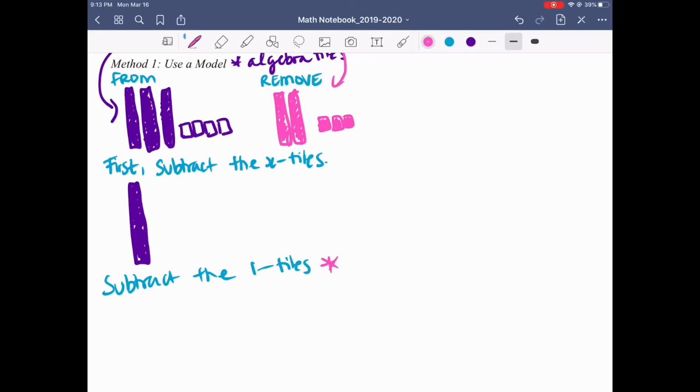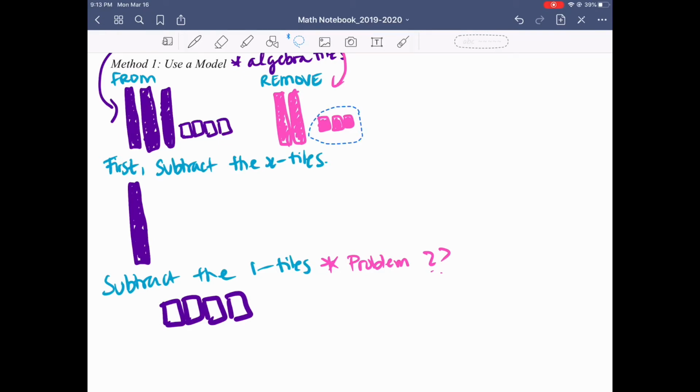But we have a problem here. What's our problem? Our problem is that we have four negative tiles, and the question is saying that from these 4 negative tiles, we need to subtract out 3 positives.